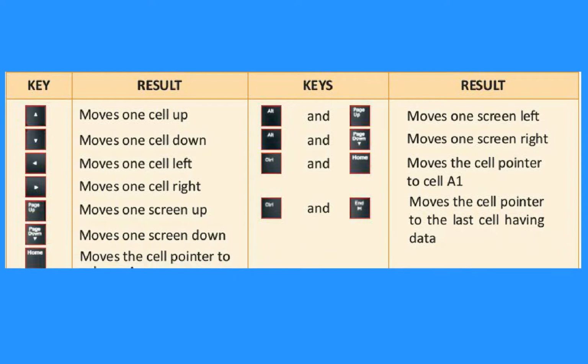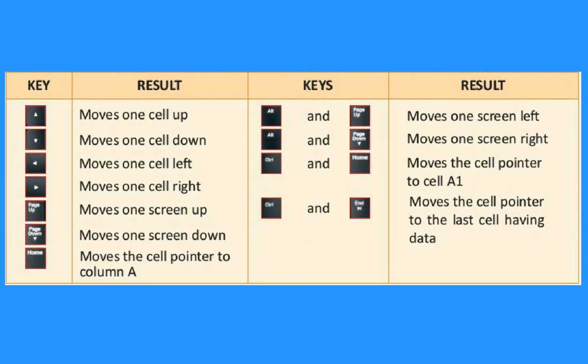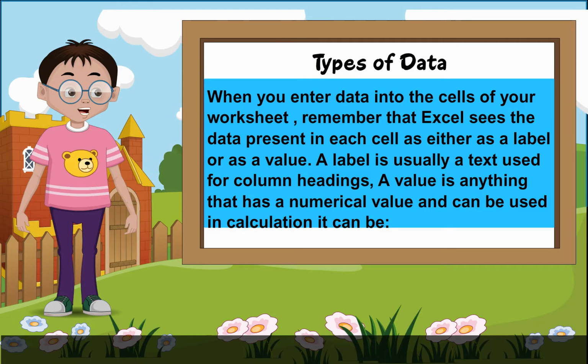Moves one cell left, moves one cell right, moves one screen down, moves the cell pointer to column A, moves one screen left, moves one screen right, moves the cell pointer to cell A1, moves the cell pointer to the last cell having data.